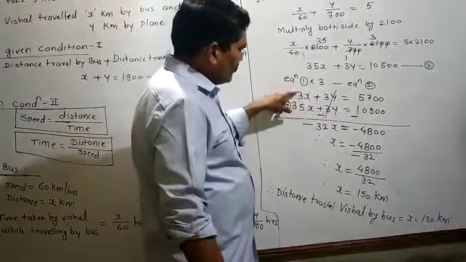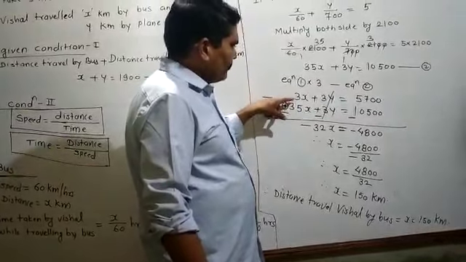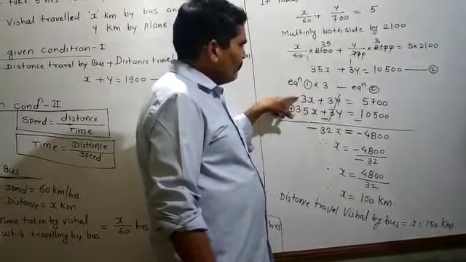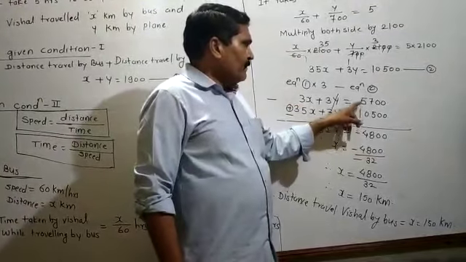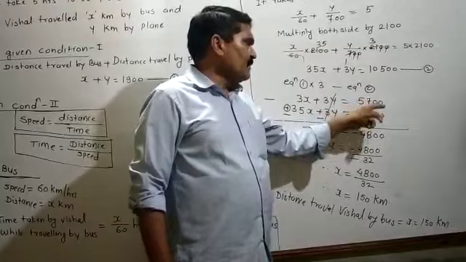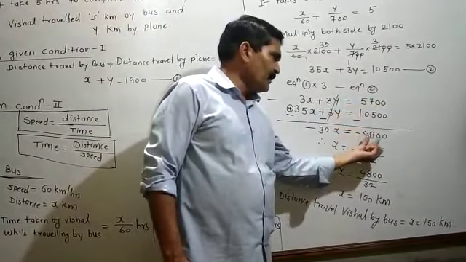This will cancel. This 3x minus 35x, minus 35x plus 3x is equal to minus 32x. This plus 5700 minus 10500, at that time this will come minus 4800.